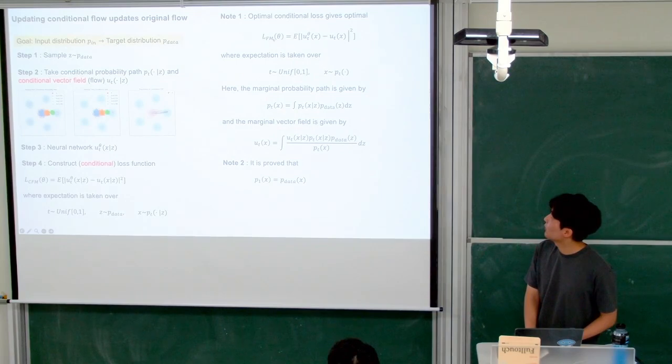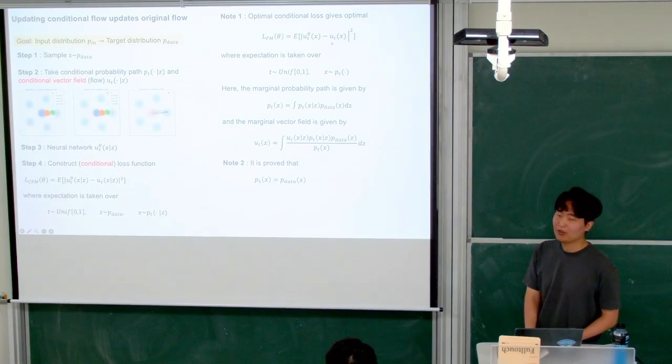But it turns out that, look at this loss function, L_FM. This is the original cost function. You have to train the neural network to catch the true vector field. Whereas the L_CFM, conditional flow matching, is to train on some conditional flow.